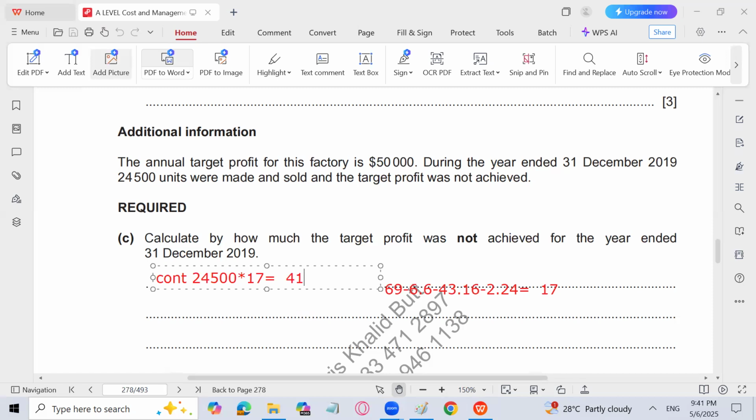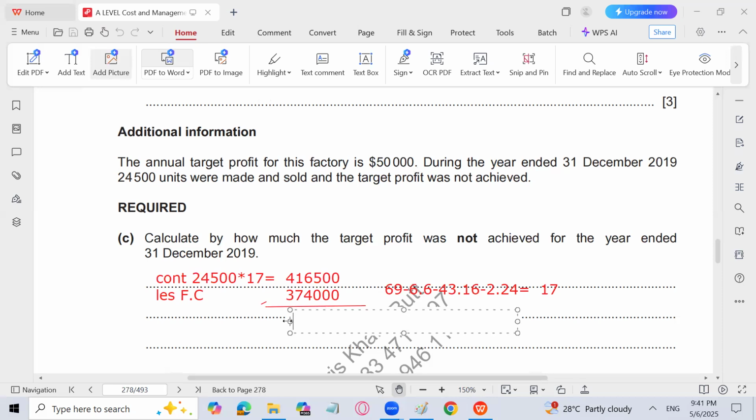That is 416,500, less fixed cost, which remains the same, 374,000. Either we are producing 28,000 units or 24,500, or at any level, fixed cost will not change. So what is going to be the profit? 42,500.